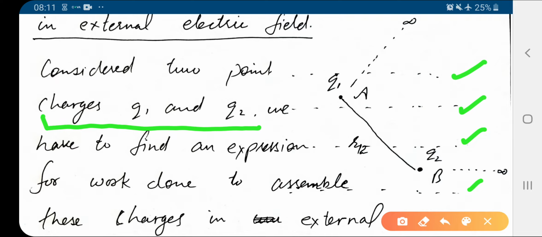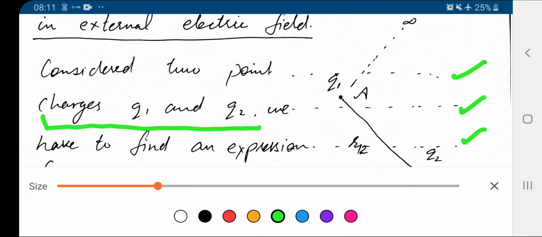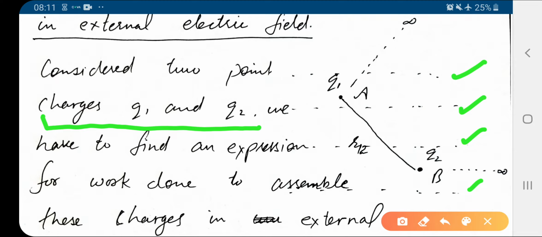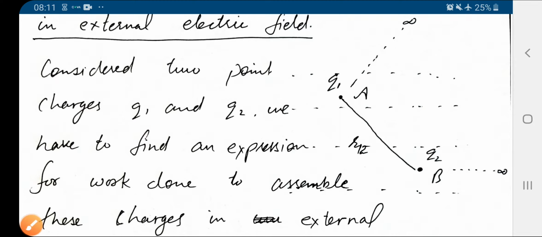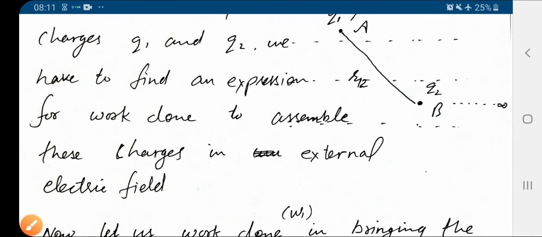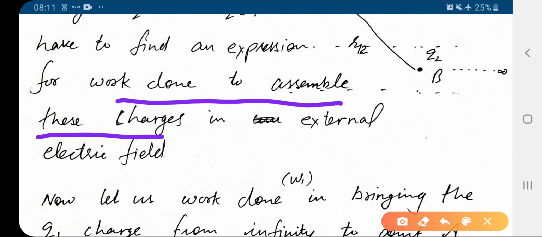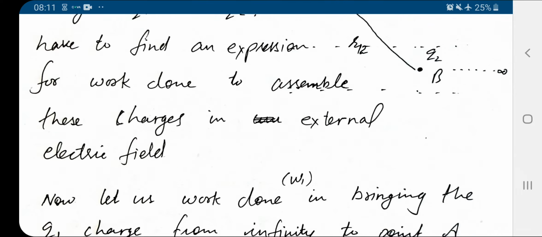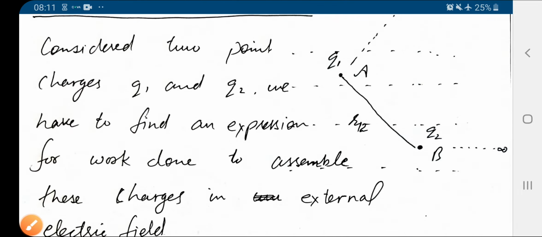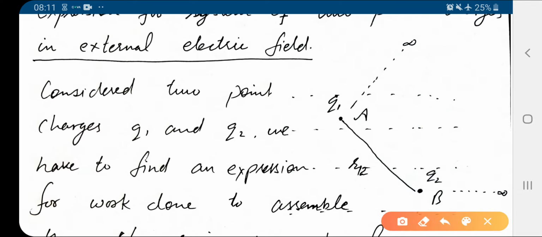We have to find the expression for work done to assemble these charges in the external electric field.